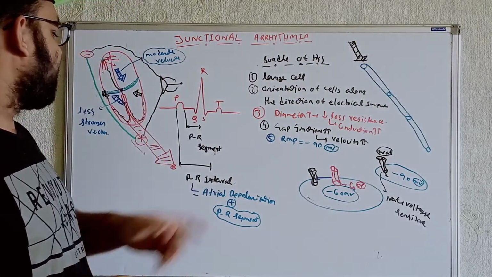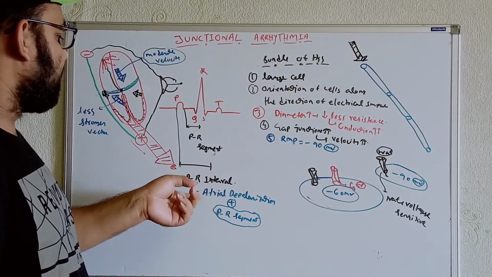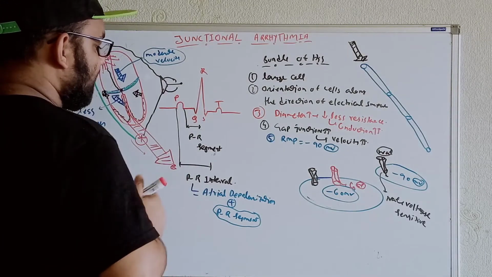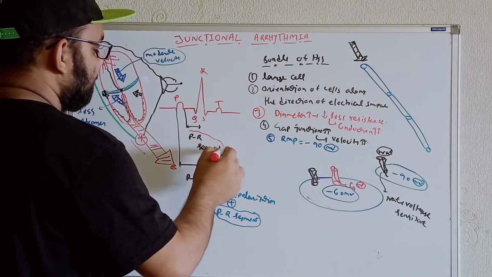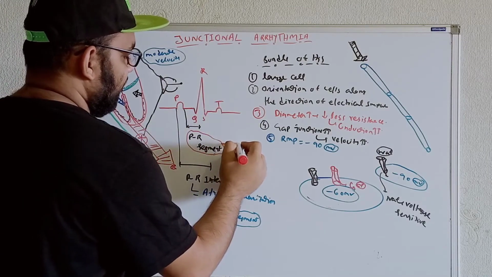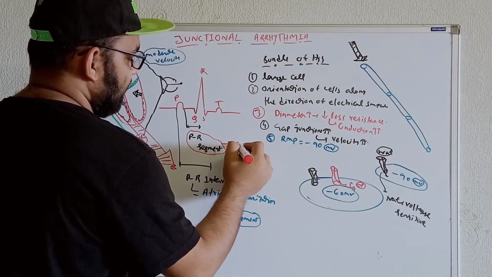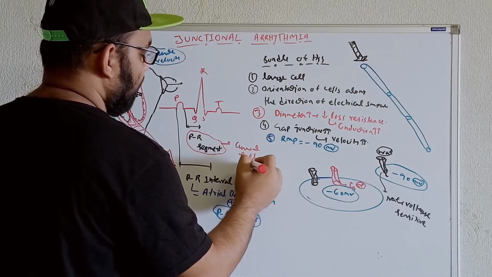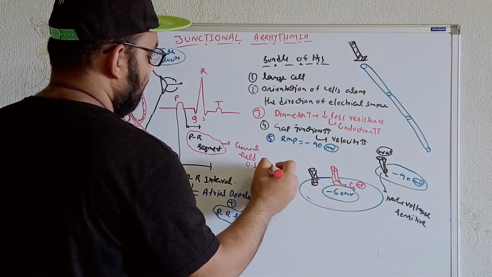That's why we get a straight line over here. In the PR segment, the electrical impulse or the current is held for 0.1 second within the AV node.